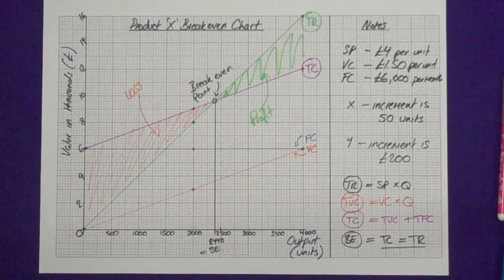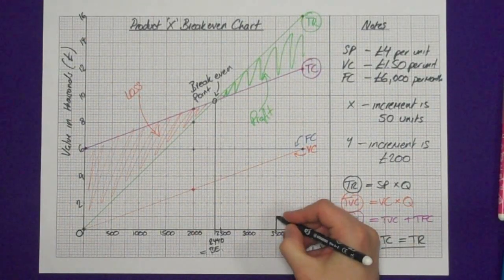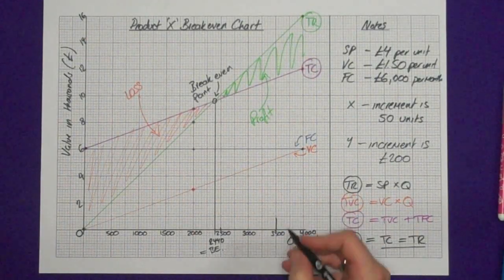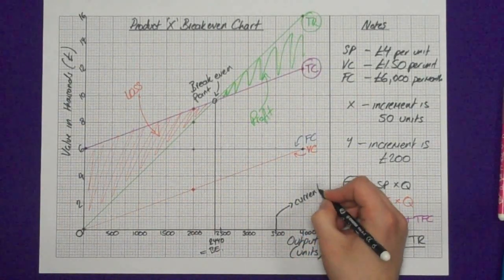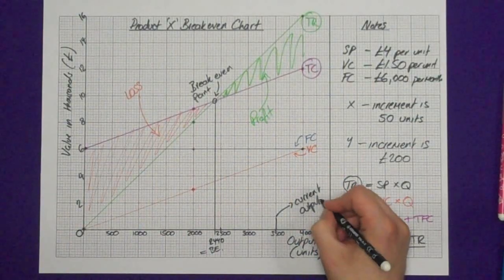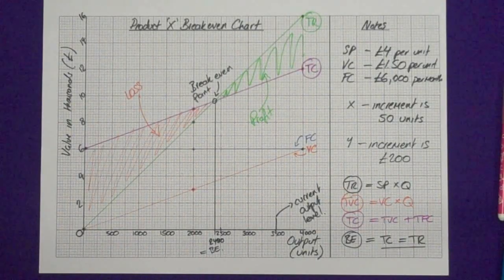Now if you remember, our business was expecting to produce 3,500 units of output. So this is our current output level. We know that break even is going to be 2,400 units of output. So there's something really useful here to calculate, and that's something called the margin of safety.